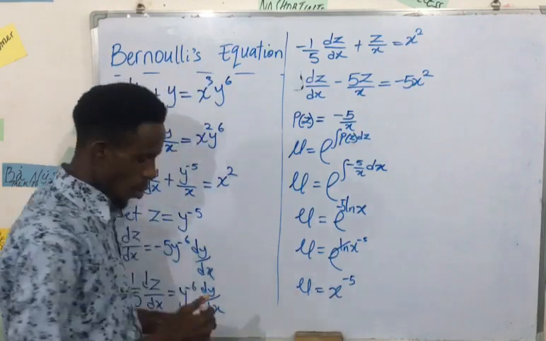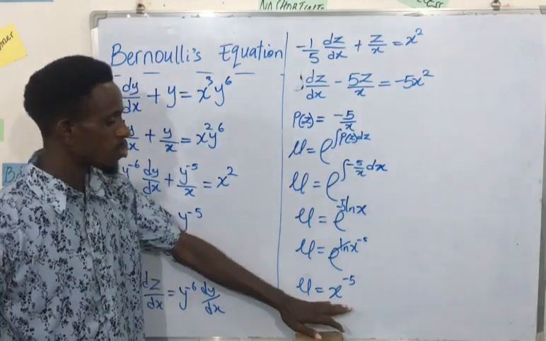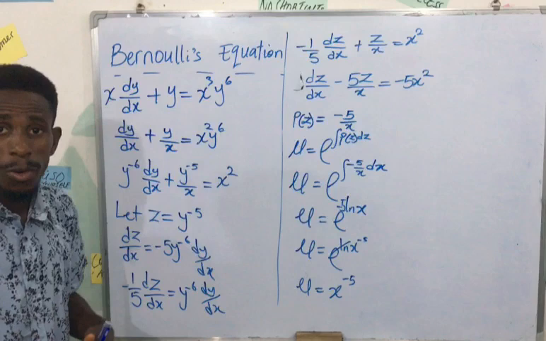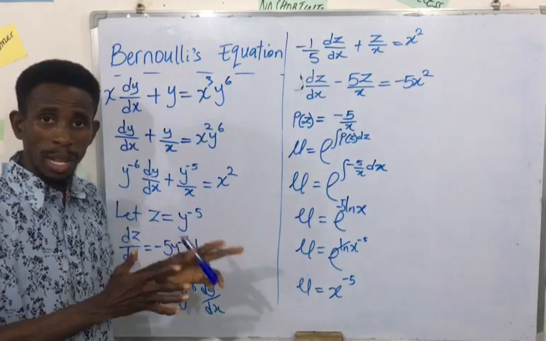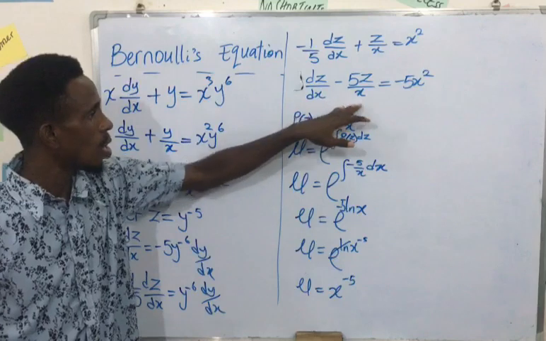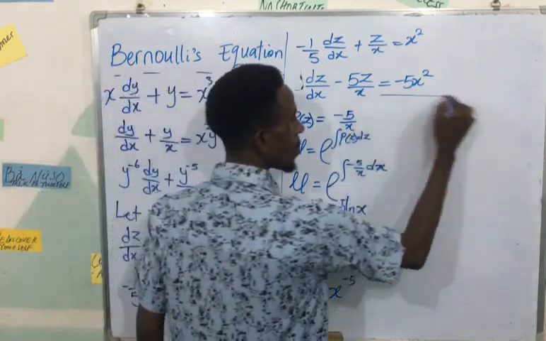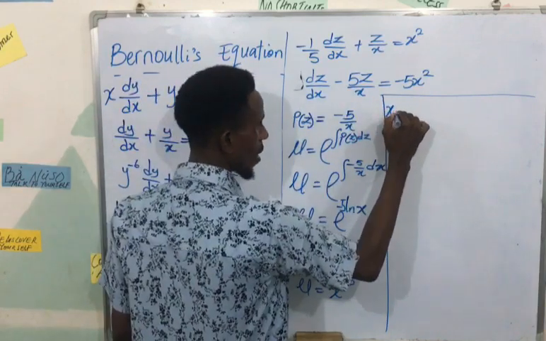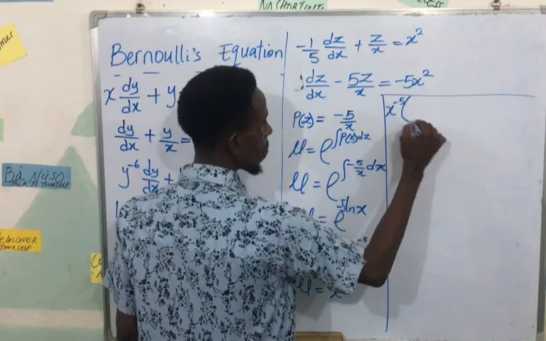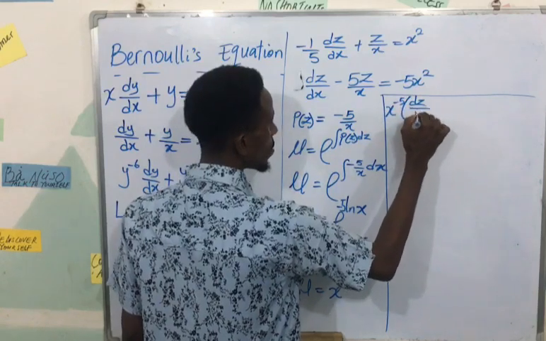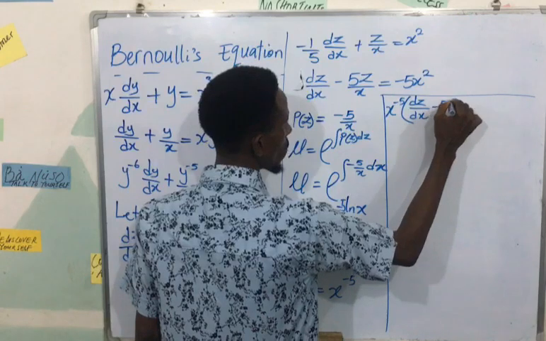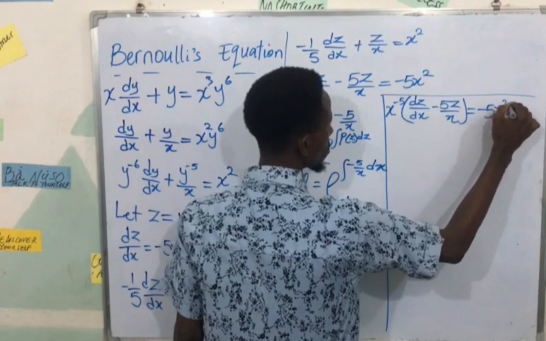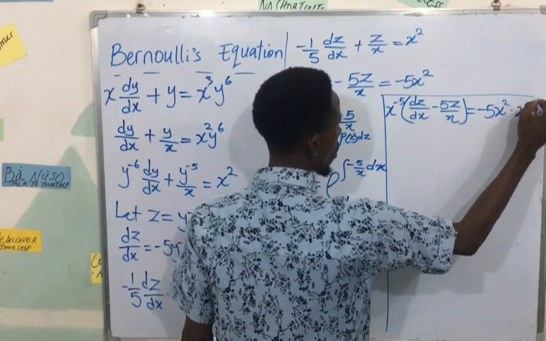Now once I've got my integrating factor, I'm going to use it to multiply the linear ODE. Remember, if you are doing linear ODE, you use the integrating factor and multiply the linear ODE. So this is the linear ODE. Multiplying it now, I'll have x to power minus 5 multiplied by dz by dx minus 5z over x is equal to minus 5x squared multiplied by x raised to the power of minus 5.